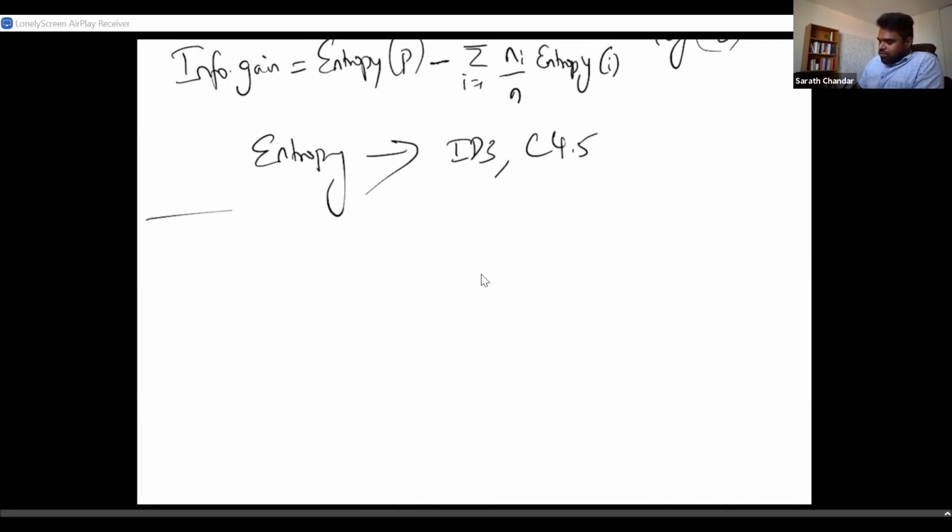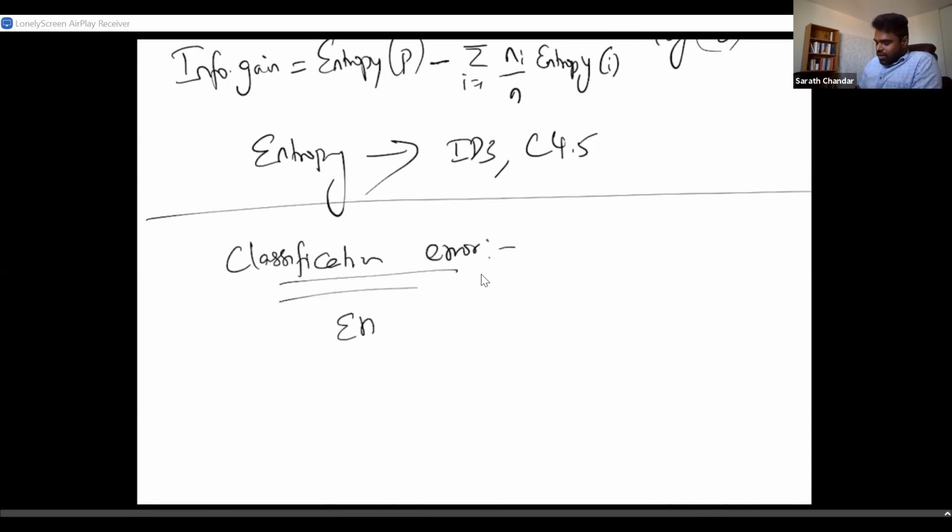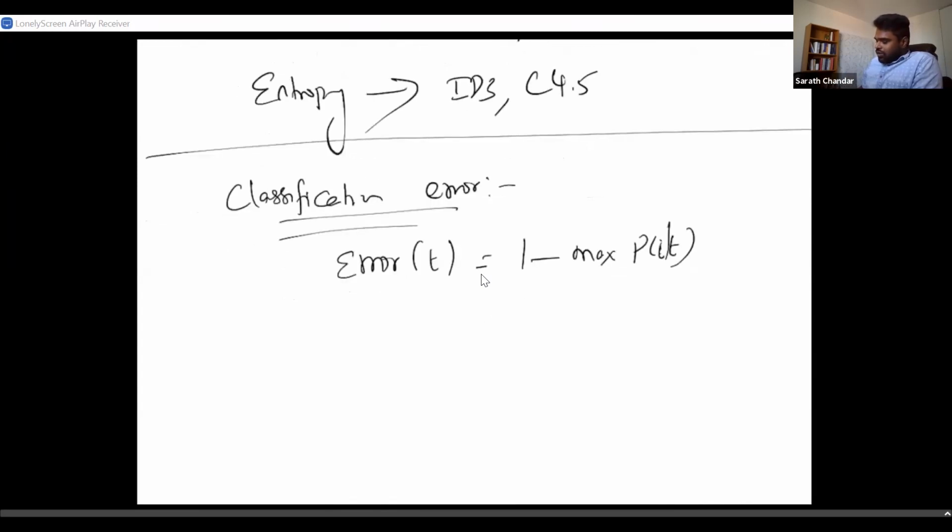Okay, similarly, there is a third class of criteria. I'm not going to touch it in detail, we will just mention it, which is the classification error. What is classification error? The error of t is given by 1 minus the max over i of p(i|t).